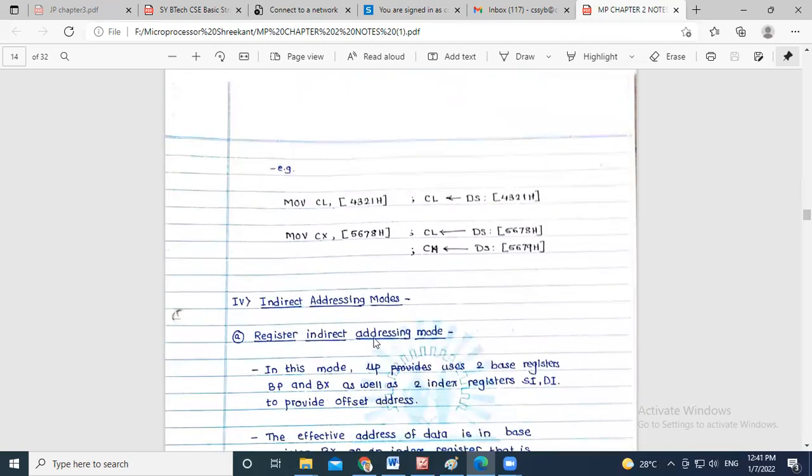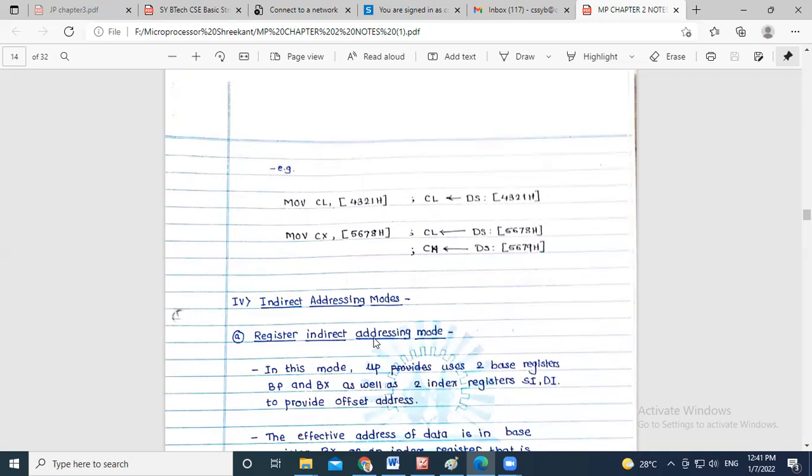So in indirect addressing modes, the first category is register indirect addressing mode. You transfer the value or data by using an address indirectly to the source location.